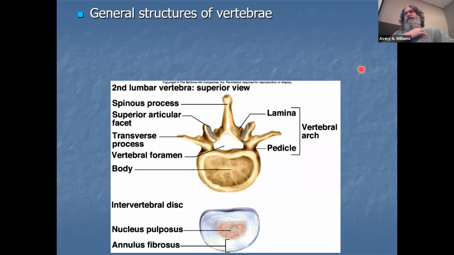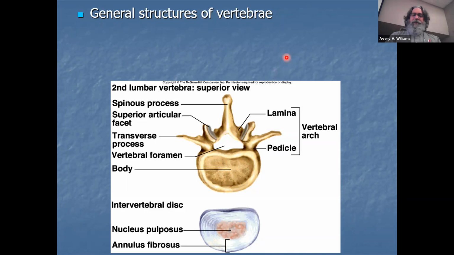But before we identify them in different groups, it's important to understand the general features of a vertebra. And once you understand the basics behind the structure and the archetype of a vertebra, then understanding the different types is a lot easier.